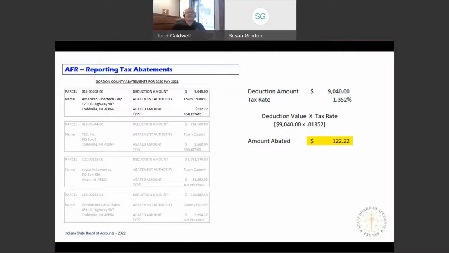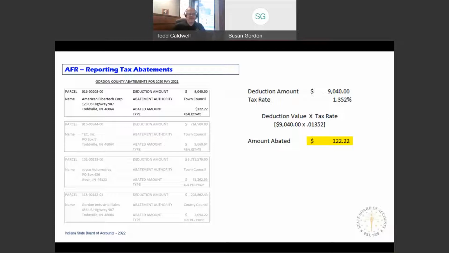So you can see in the box on the left, the county auditor provided the deduction amount of $9,040. They listed the abatement authority was your town council, and they did that calculation of the abated amount and came up with $122.22.